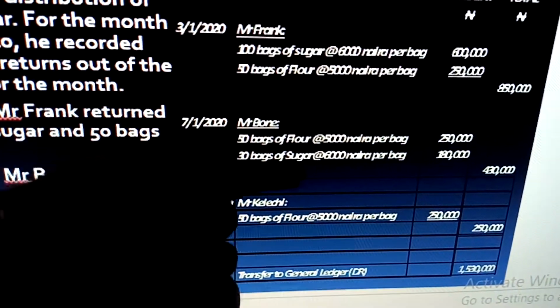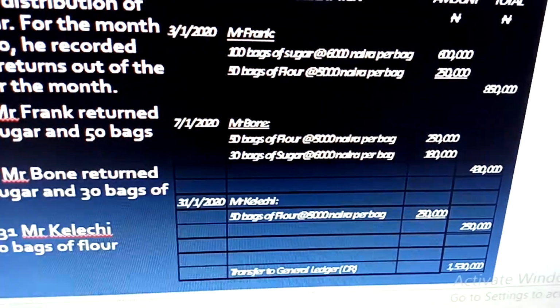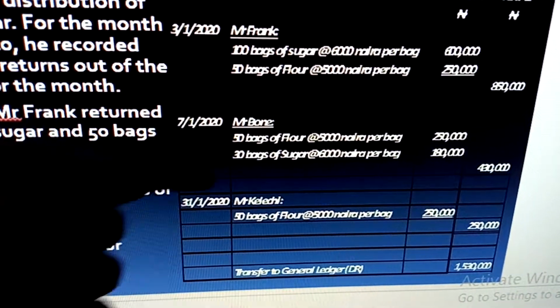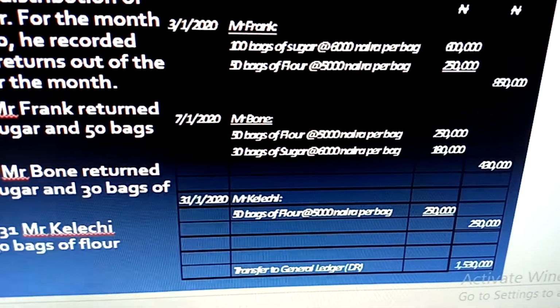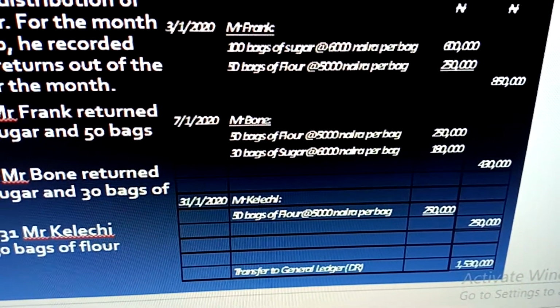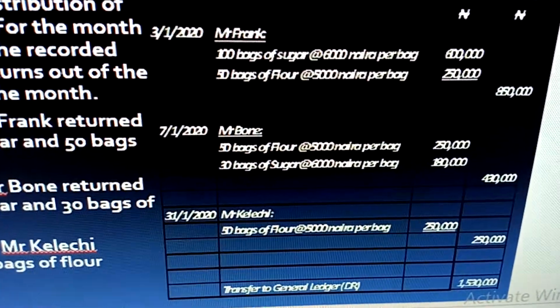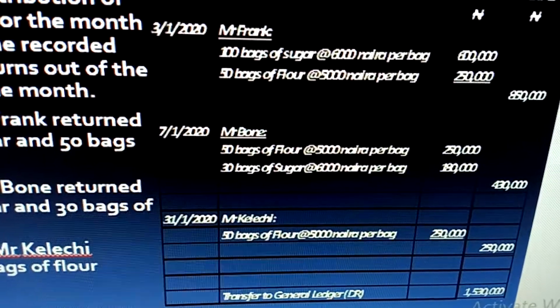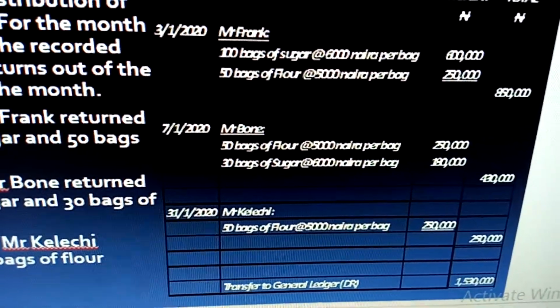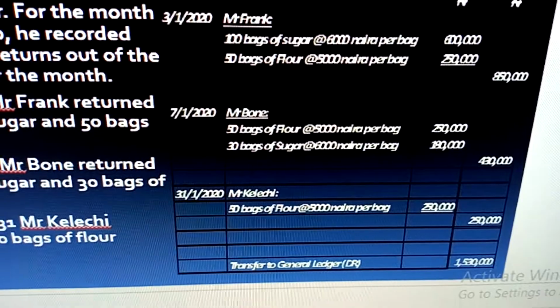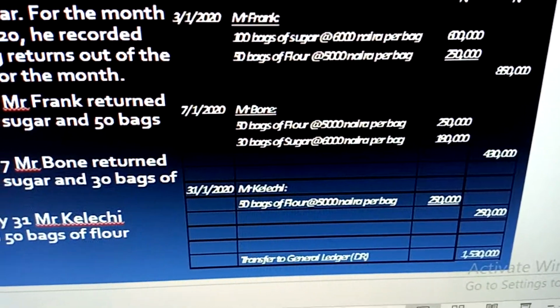We have 30 bags of sugar at 6,000 naira per bag, so 30 times 6,000 is 180,000 naira. In total, we have 430,000 naira worth of product returned by Mr. Bone.